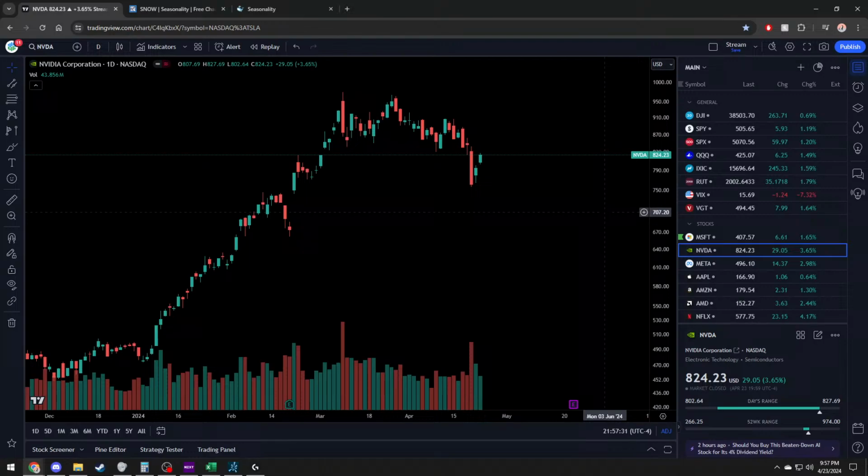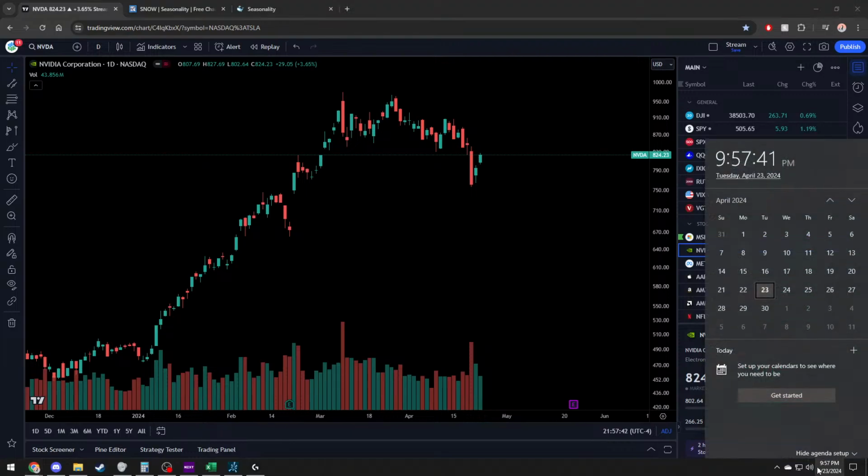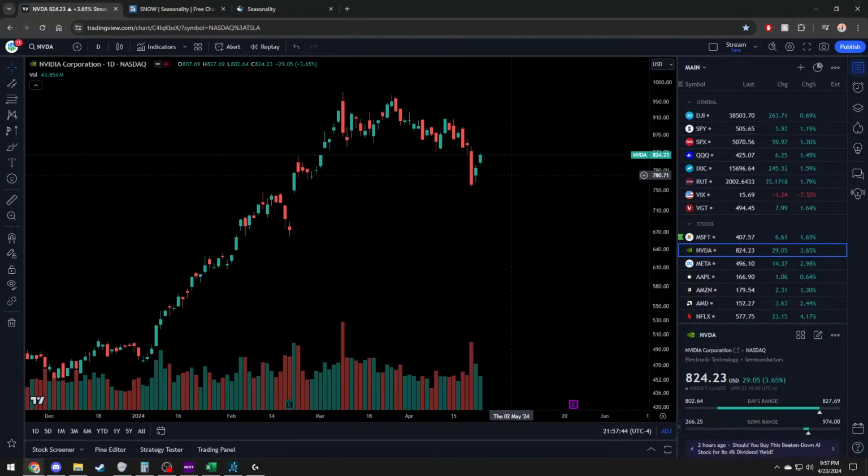I don't know if you're in the Discord too, but I'm going to be doing the Nvidia for May. Kind of giving you guys a heads up for my next month trade. Going back to Nvidia. Now I know this is going to be an expensive trade. It's like a $5,000 option, I think, just for one contract.